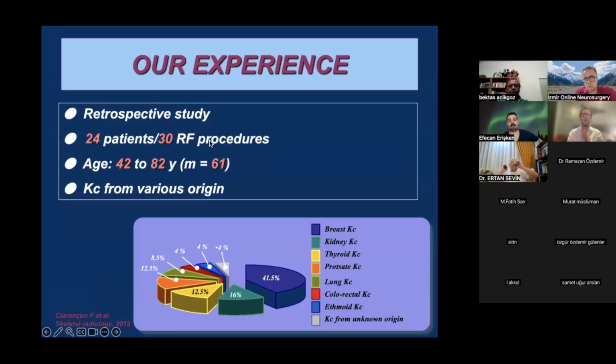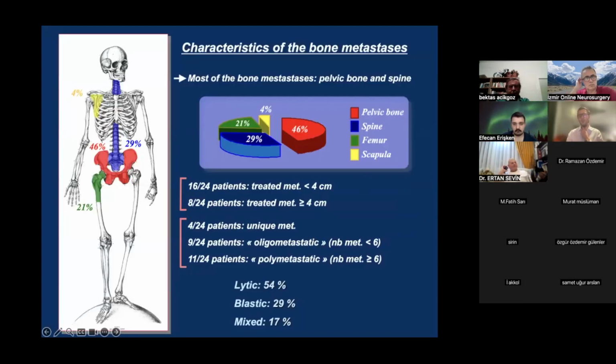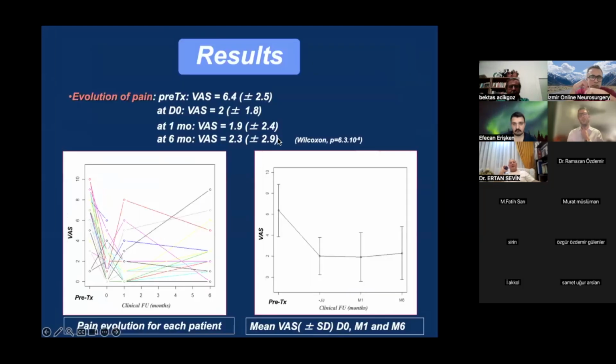with very satisfactory results. So in this case series, we performed 30 RF procedures in 24 patients with various metastatic lesions from various neoplasms. We treated mainly pelvic bone lesions and spine lesions in these patients, and you see here the decrease of the score on the visual analog scale, before the procedure and after the procedure.